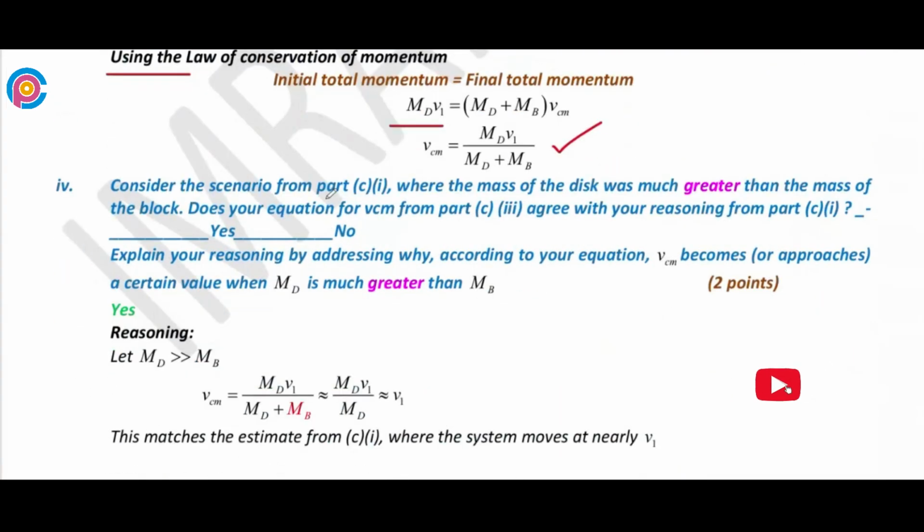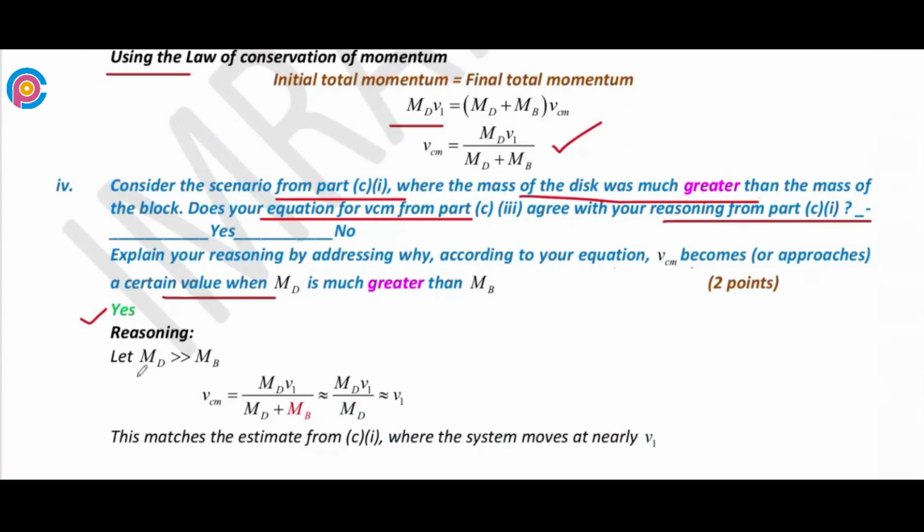Now the question: consider the scenario from C1 where the mass of the disk is much greater than the mass of the block. Does your equation for the center of mass in part C3 agree with the reasoning in part C1? The answer should be yes or no. Explain your reasoning by addressing why, according to your equation, the center of mass velocity approaches a certain value when MD is much greater than MB. Okay, the answer is first of all yes.